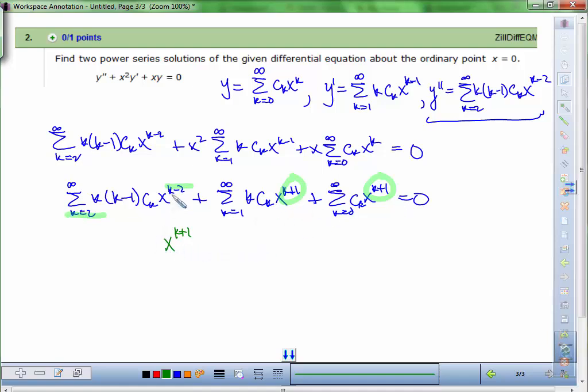If I replace k with k plus 3, I'm going to get k plus 1, right? So k needs to get replaced with k plus 3. That means all the k's in my expression here need to also shift, right? So this is c, k plus 3.